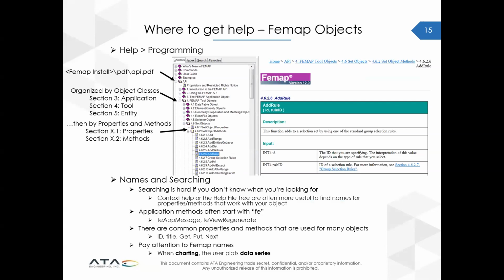And then the other thing that helps with searching is just to pay attention when you're generally using Femap for what Femap calls things. So it's not XY plotting, it's charting, and you would plot data series on the chart. And so when you're looking to try to program that, you would look for things that refer to charts and data series.